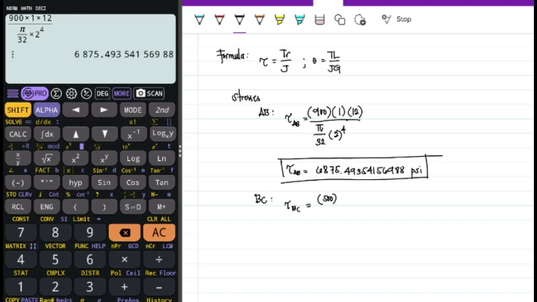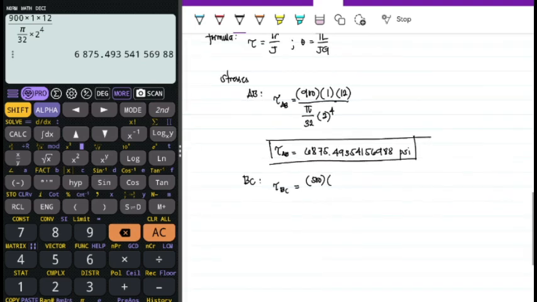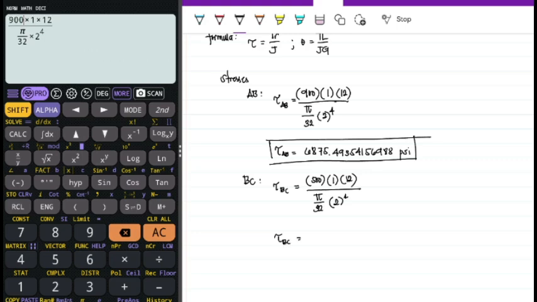Okay, so the calculated torque is 900. The radius, it is given above, the diameter is 2 inches, so 1 inch for the radius, but our 900 is in pound feet, so we have to convert foot into inches, so that is why we have to multiply by 12, and then you do the calculation.